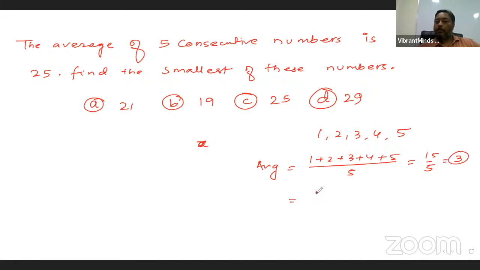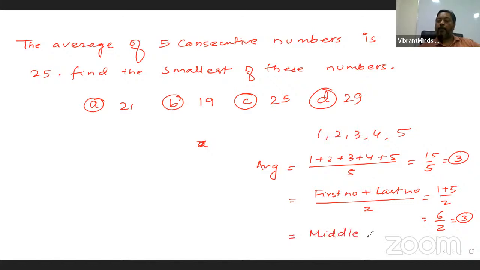Another method is first number plus last number by 2, that is 1 plus 5 by 2, that is 6 by 2, and that is 3. And the third method is you pick up the middle number, and the middle number is your average. So there are 3 methods for consecutive numbers.